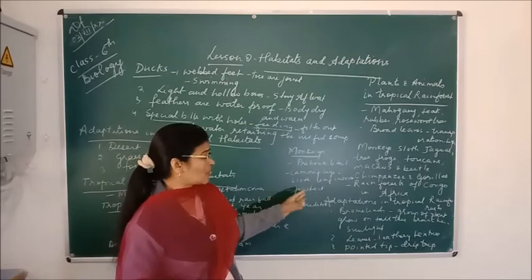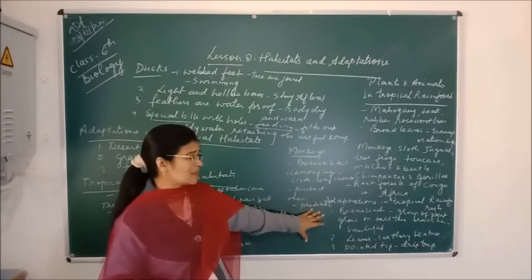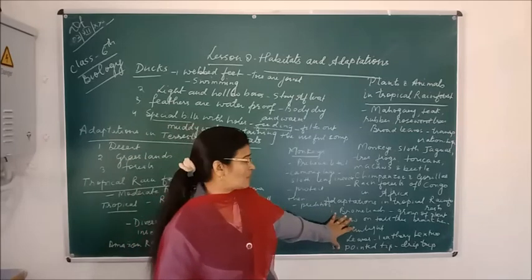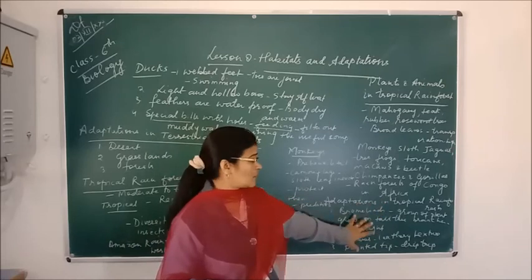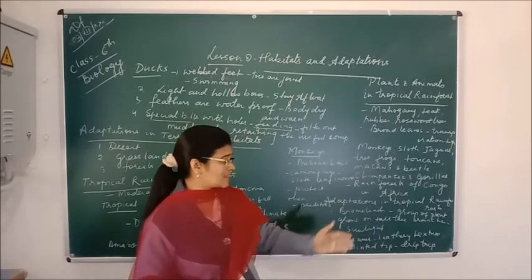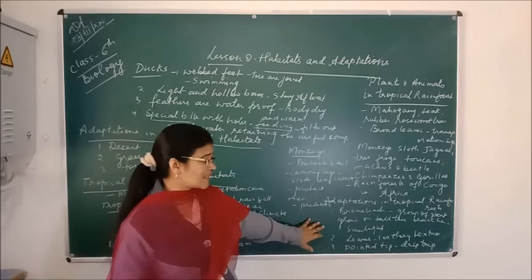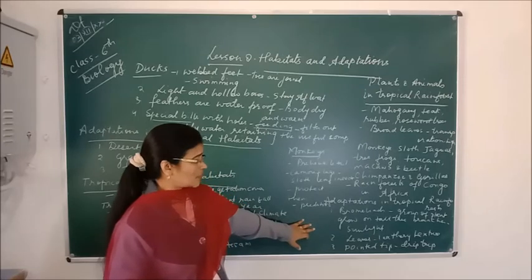And what are the adaptations in the tropical rainforest? Especially the bromeliads. These are a group of plants found in this type of forest, and they grow on the tall branches of the trees, and they receive the maximum sunlight. Their leaves have a leathery texture.